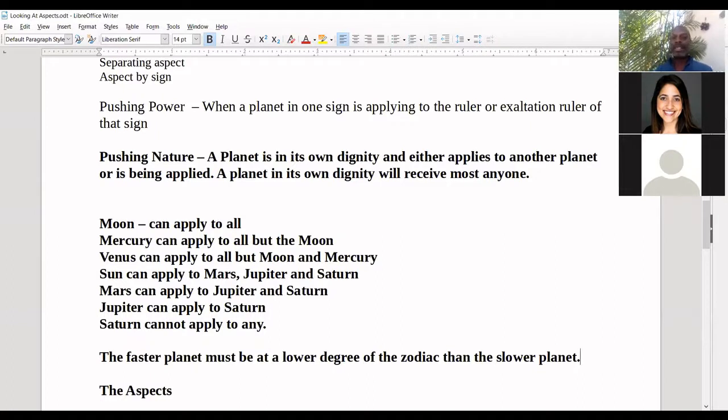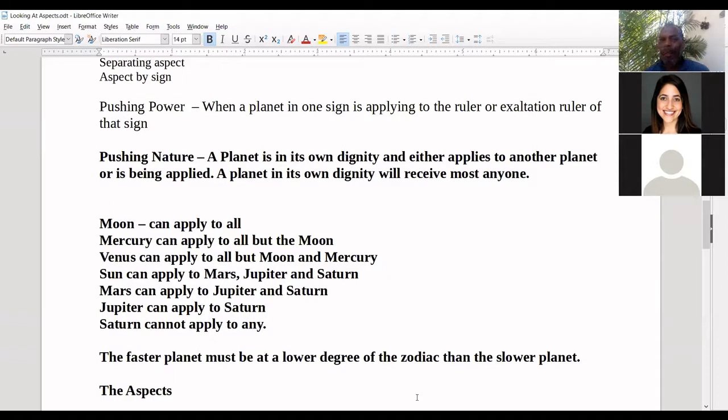For instance, Lily has two planets that are very well dignified. She's got Moon in Cancer and Jupiter in Cancer, and a bunch of other things in Cancer. So the Moon would be receiving the stuff that's in Cancer, and so would Jupiter. Of course, Jupiter is receiving the Sun in combustion, so that's a little bit of an issue. But aside from that, that's what we're talking about.